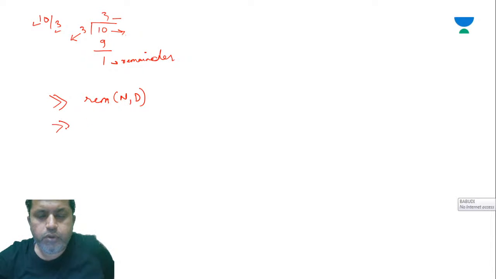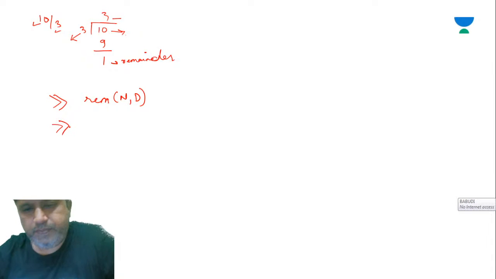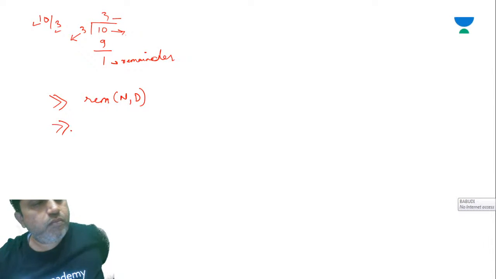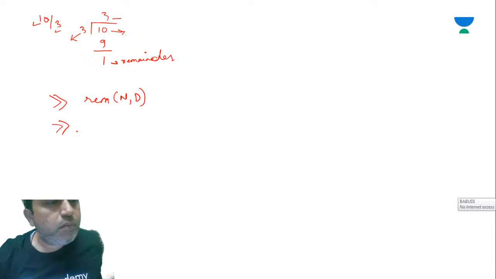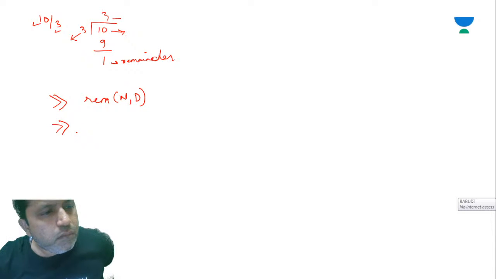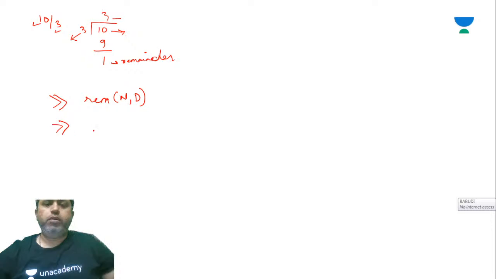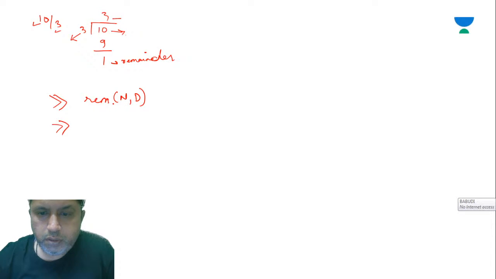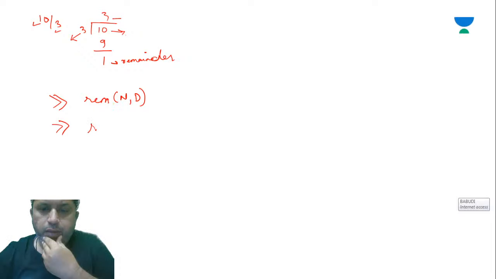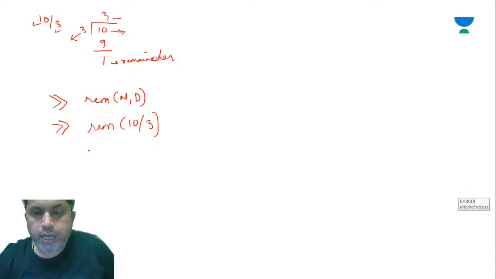So if I want to execute rem, I will say 10 by 3. ठीक है, समझ गया? अब इसमें रिटर्न क्या करेगा?